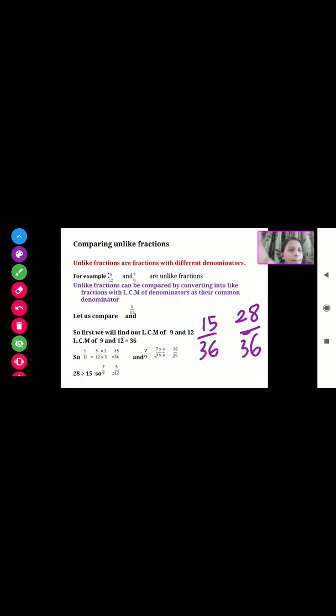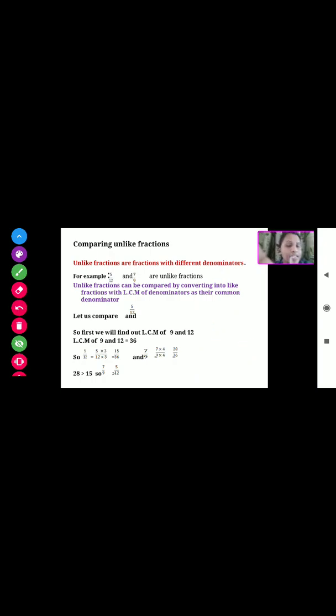Now you can compare it because 36 is the denominator, it is the same for both of them, and as we know 28 is greater than 15. So this fraction is greater than this one. So 7 by 9 is greater than 5 by 12. So like this you can compare unlike fractions.